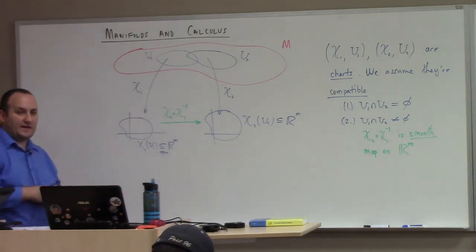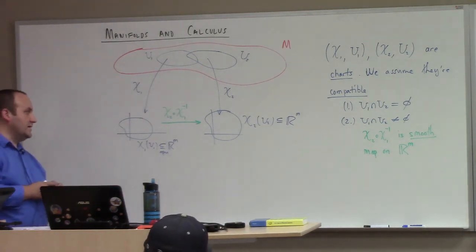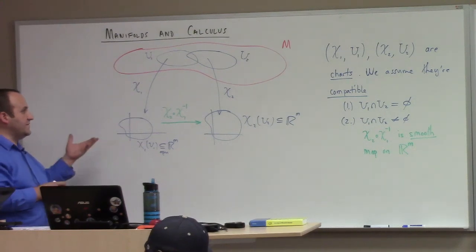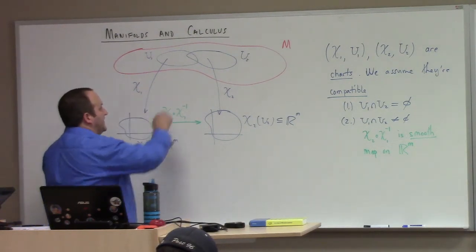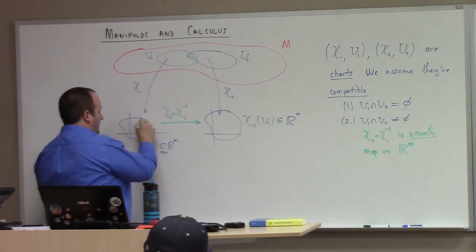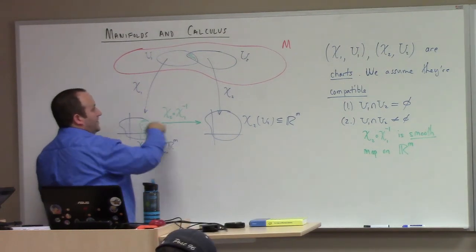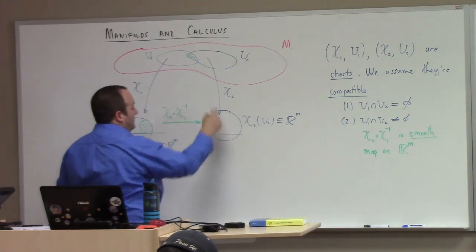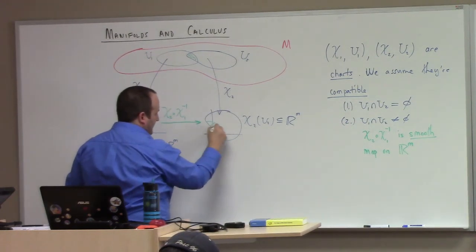And by that I mean that the appropriate restriction, we should restrict to look at the intersection of the charts, and this will map to some kind of piece like that under chi1, and that will map over here to some other kind of piece like that under chi2.